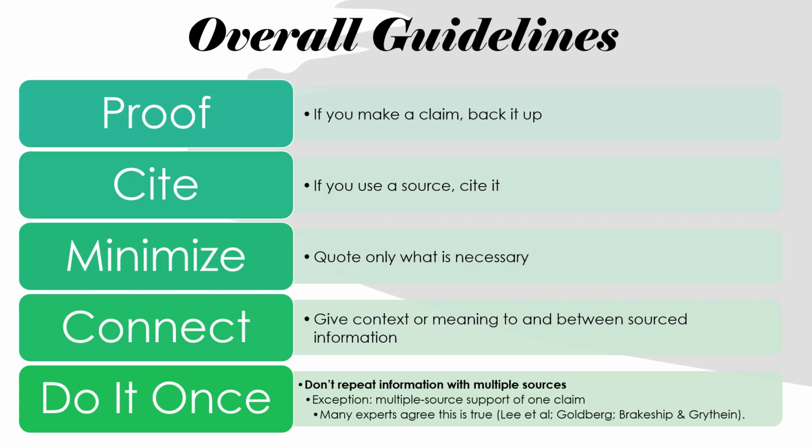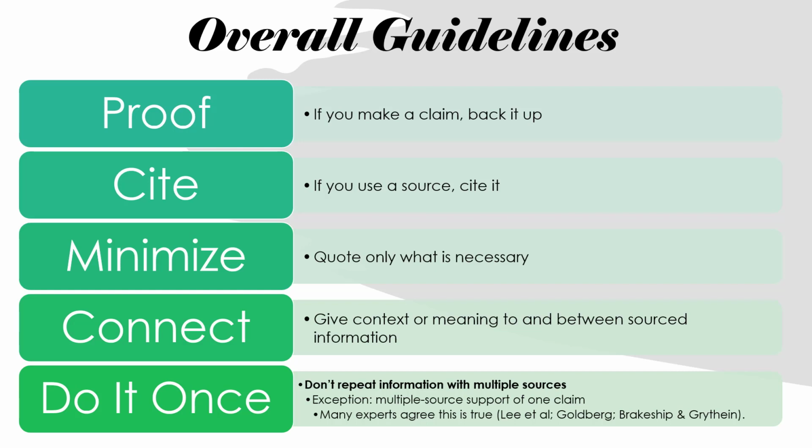All right, so if you have many different sources all saying that something is true, like let's say there are 3 different scientific experiments that all came to the same conclusion, then you could do a multiple source support, which basically is you're summarizing the results of these 3 scientific experiments. X is true.